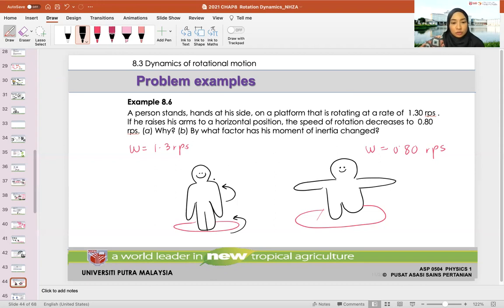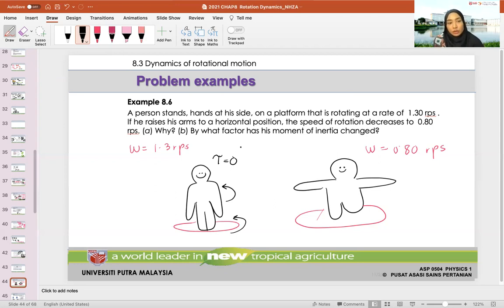Okay, so there is no torque applied on this man. Therefore, torque is equal to 0. Kiranya macam ni, anggap platform tu dia tengah gerak because of someone tolak sebelum tu. So it was rotating and tiba-tiba Mamat ni datang. Dia berdiri kat situ. So he's just using whatever that is left, right?